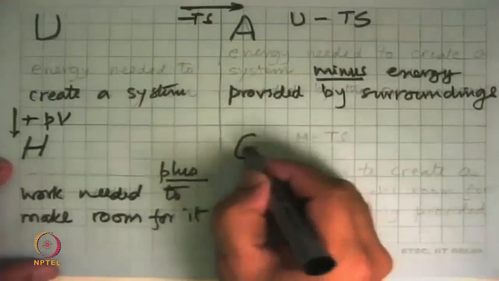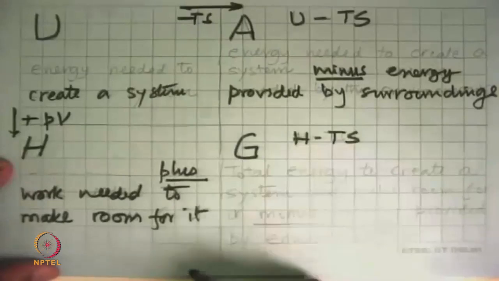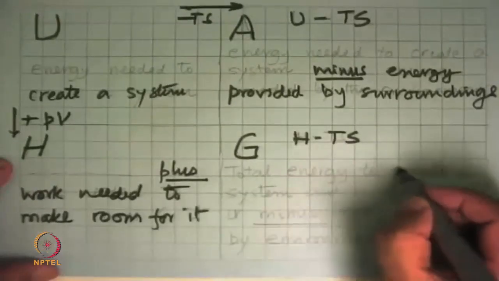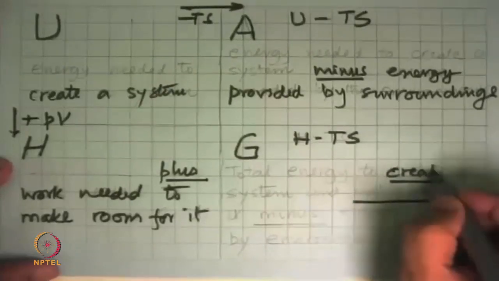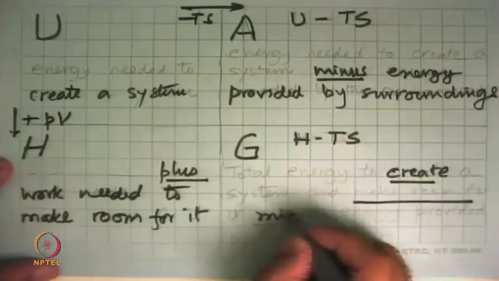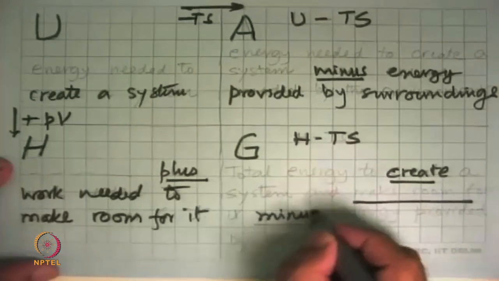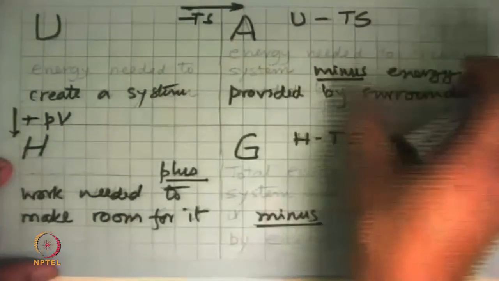And G, which is Gibbs free energy, is H minus Ts, which is the total energy required to create the system and make room for it, which is H minus energy provided by the surroundings, this part.